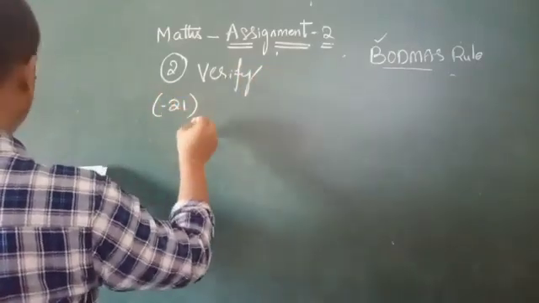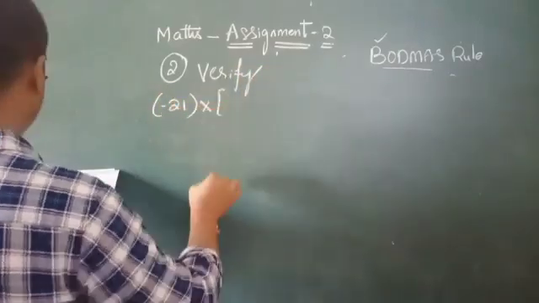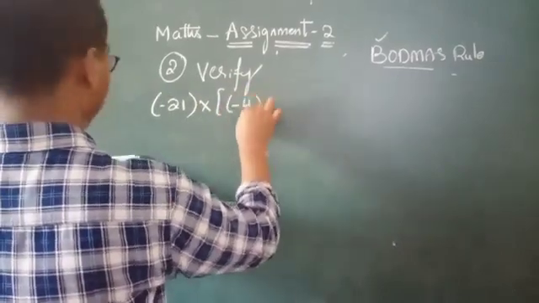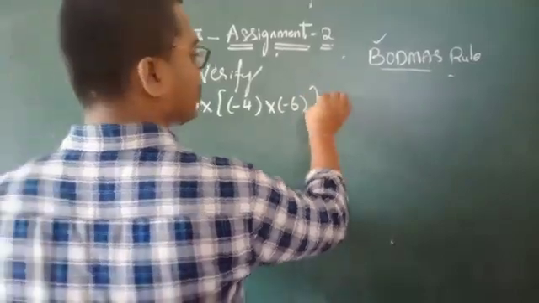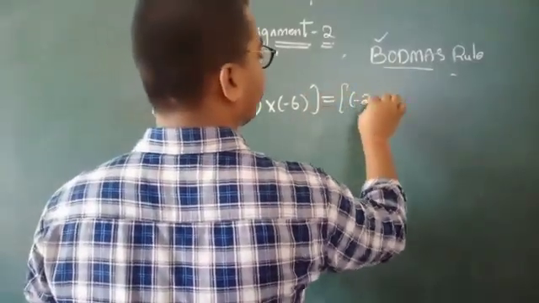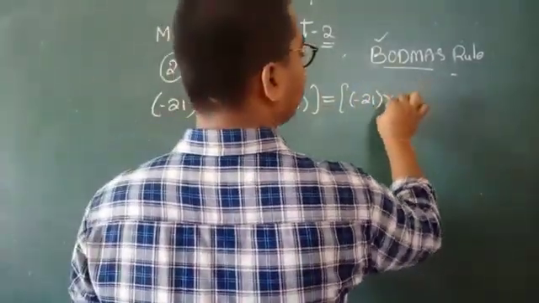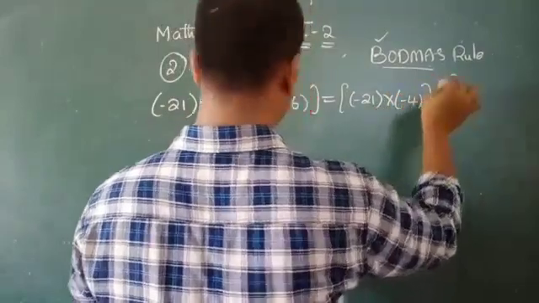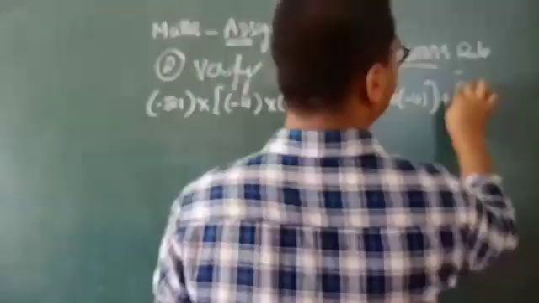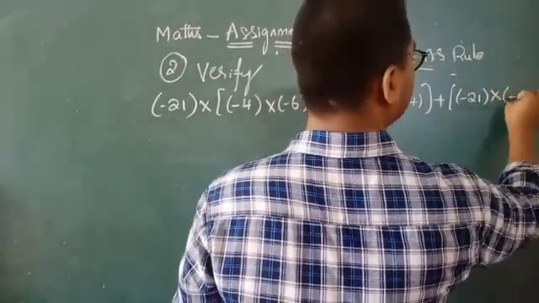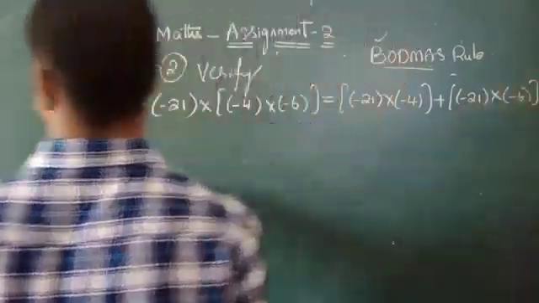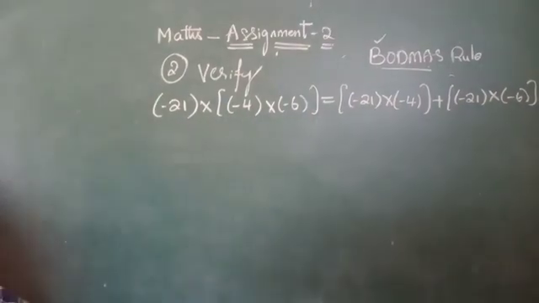minus 21 into (minus 4 into minus 6) is equal to minus 21 into minus 4, close the bracket, plus of minus 21 into minus 6.